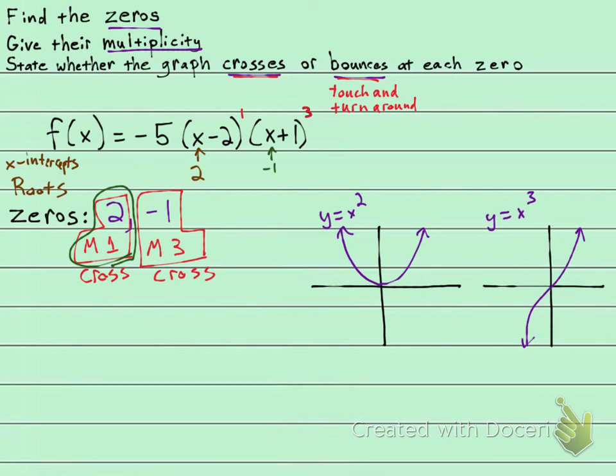The multiplicity of the smallest zero is 3. It would have been better if they just asked what's the multiplicity of 2, what's the multiplicity of -1, but we do know that 2 is larger than -1, so the multiplicity of the larger zero is 1, and the multiplicity of the smaller zero is 3. And what happens? Both of them cross.